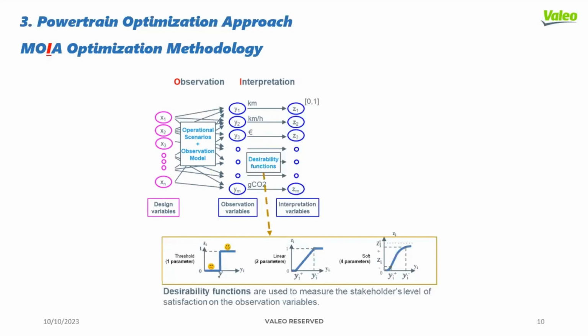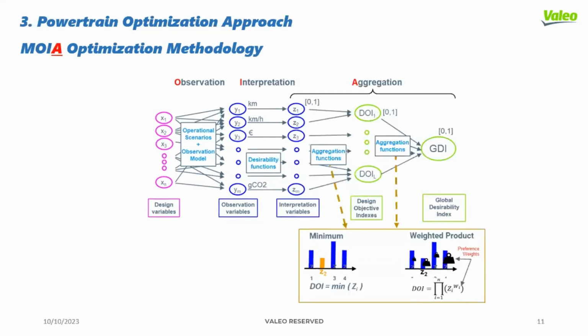So now we've seen the O, the observation, and the interpretation. Now we would like to aggregate all this into one optimization variable, that is the GDI, Global Desirability Index. And this is done by using aggregation functions. We can use, for example, simply the minimum of all the targets, the interpretation variables, or, for example, a weighted product.